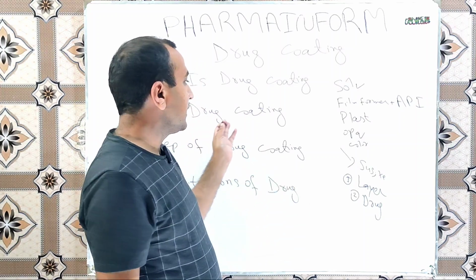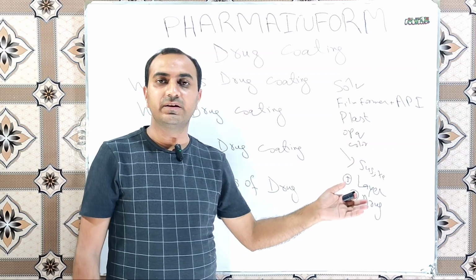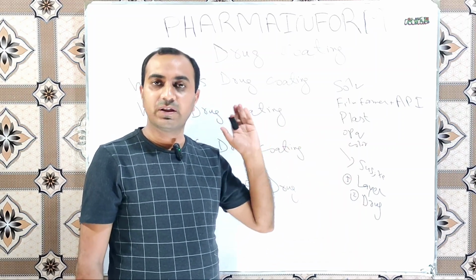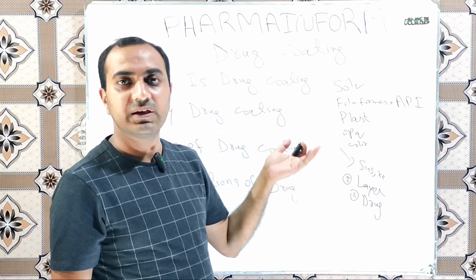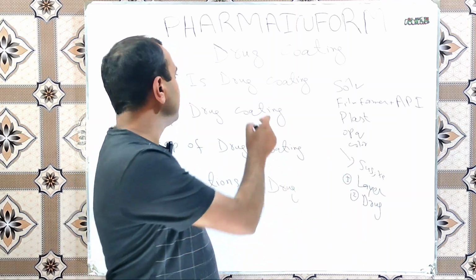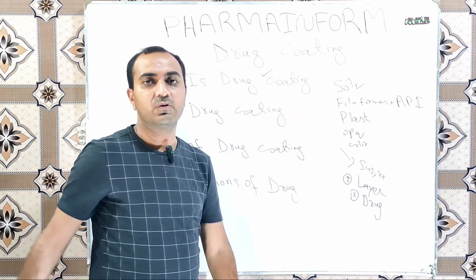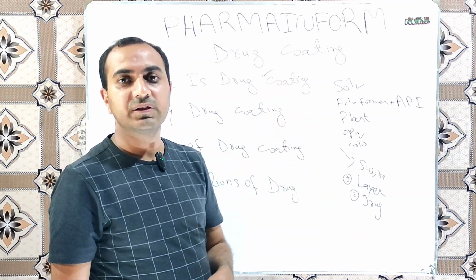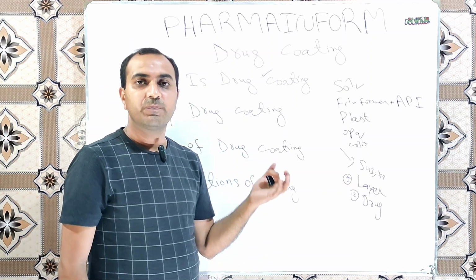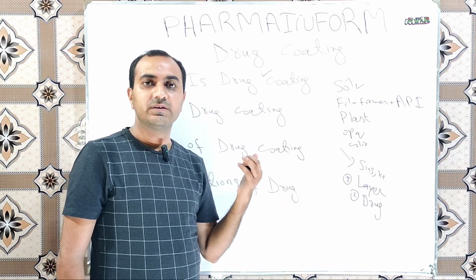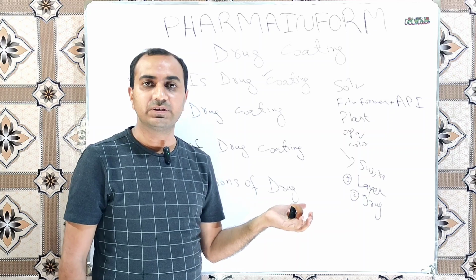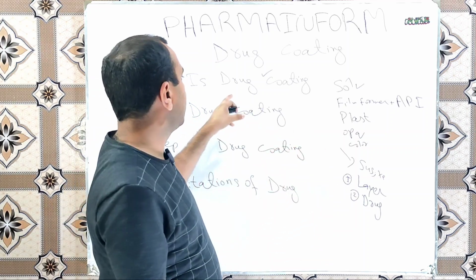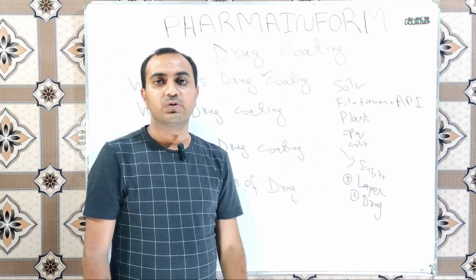So if we have to make one API immediate release and the other API sustained release, we select drug coating technology. And the other case is where our two APIs are not compatible with each other, so we go towards drug coating technology.